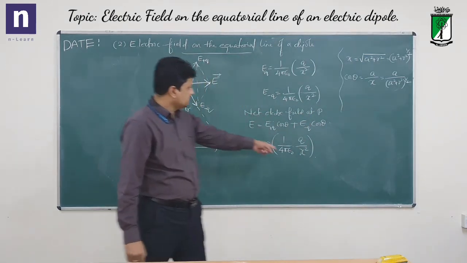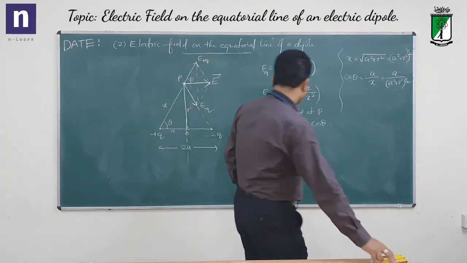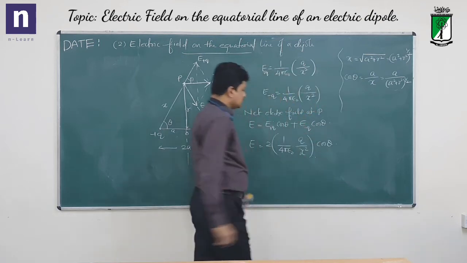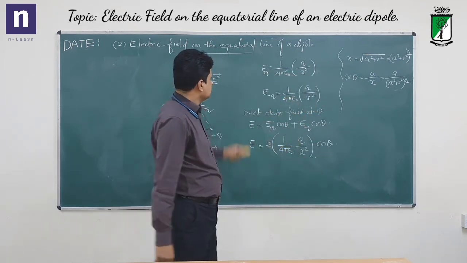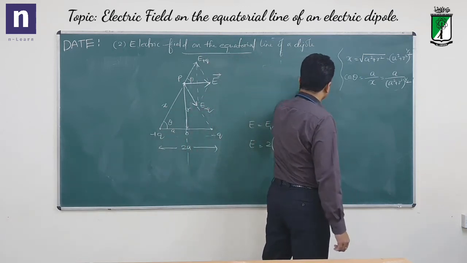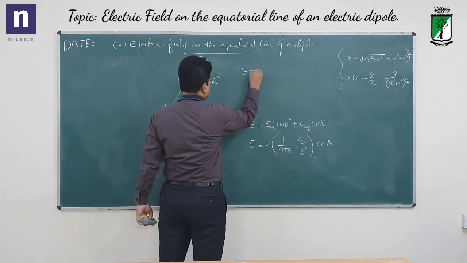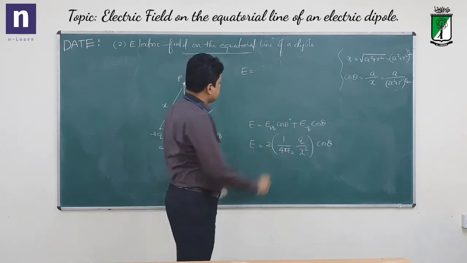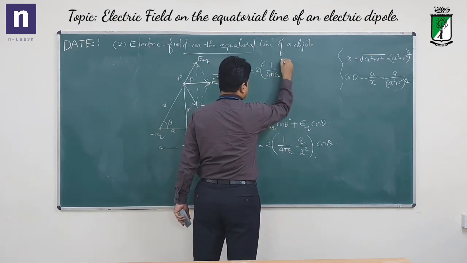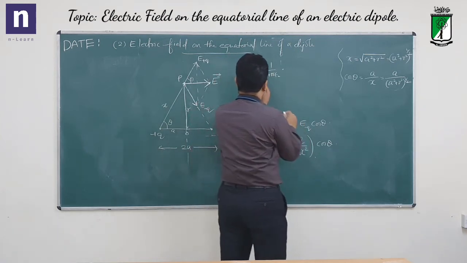Now you know what x is, so let us substitute that here, and of course cos theta as it is. So let us substitute x and cos theta in this. So E is equal to 2 into 1 by 4 pi epsilon naught into Q divided by x square.